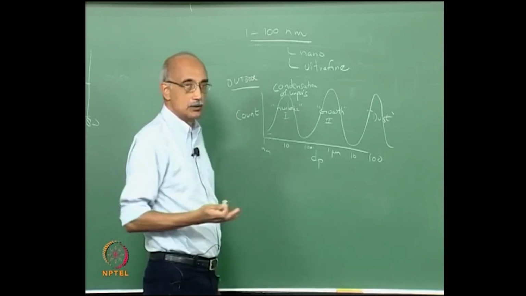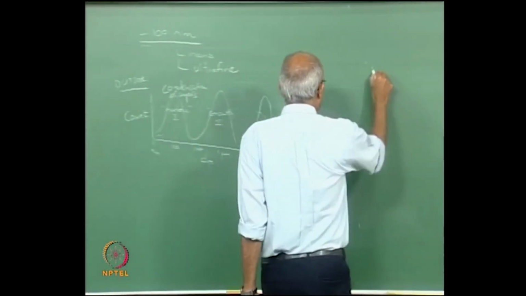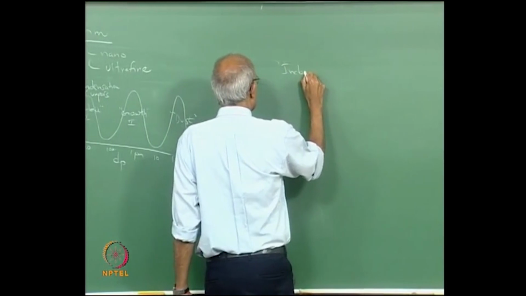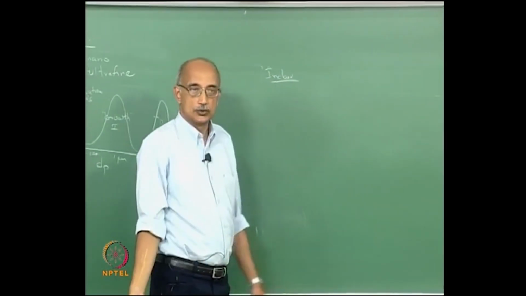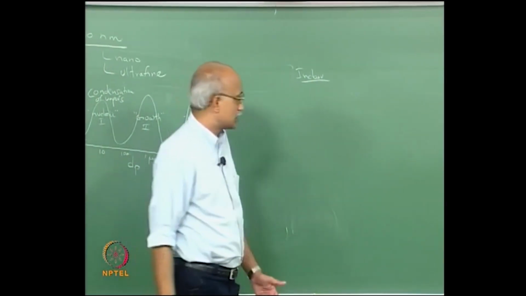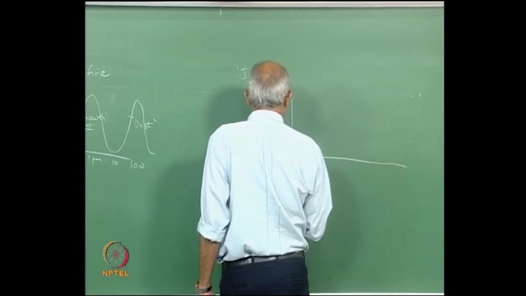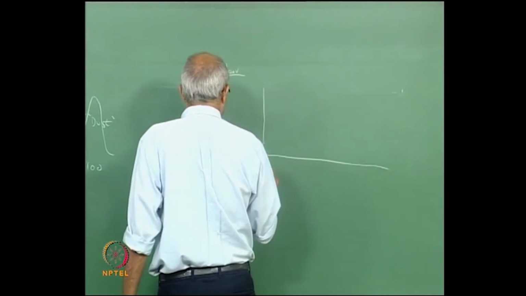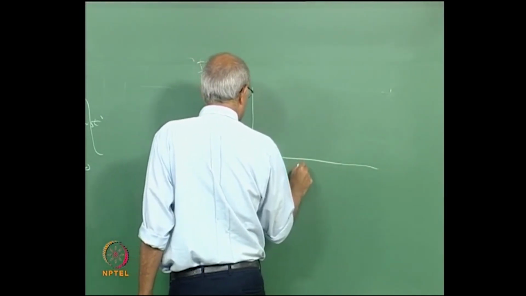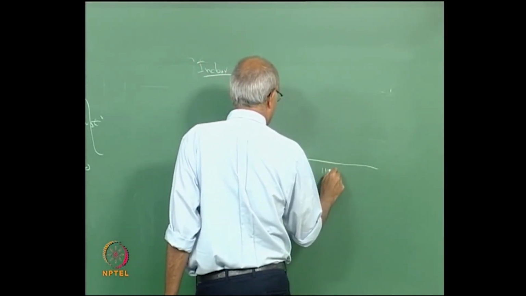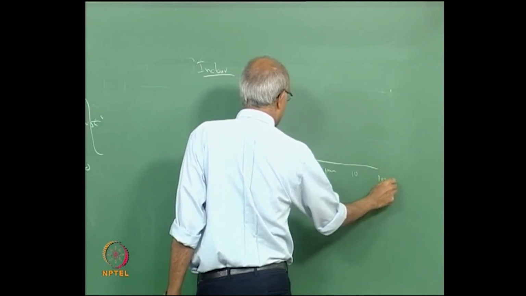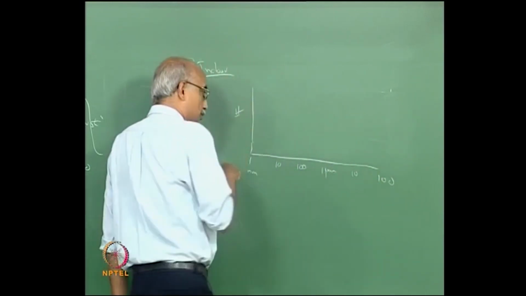Now how about indoor? What kind of distribution would we expect to see? Suppose you take the sample here in this room. What would be the size distribution you would expect? Again, we go from 1 nanometer to 10 to 100 to 1 micrometer to 10 to 100, and you're looking at the counts.